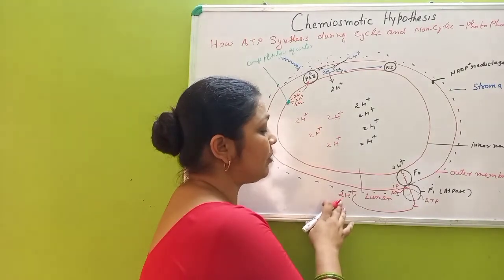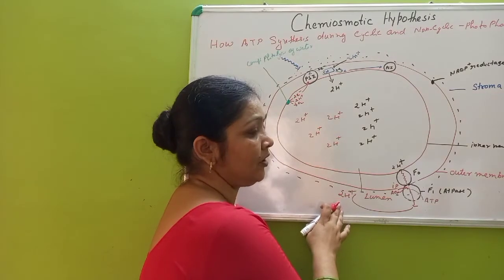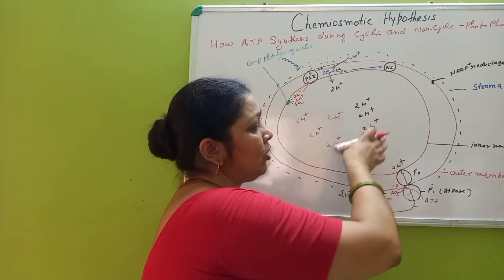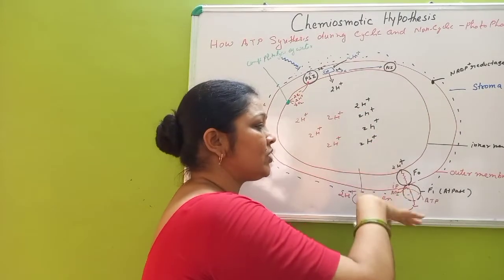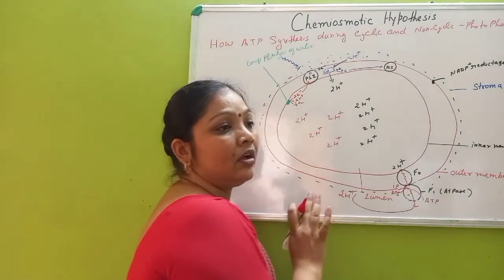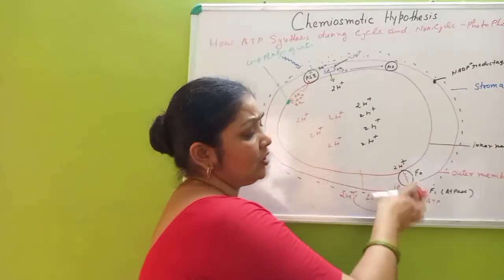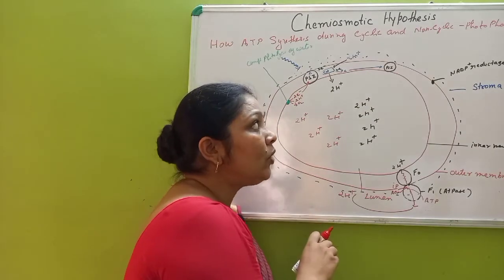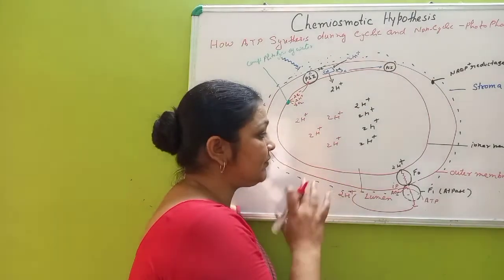This normal proton will come into the stroma, and now like a wave, one by one the protons which are present inside will go outside with the help of this complex, that is the F0 F1 complex. Now what is happening? This is the first step.